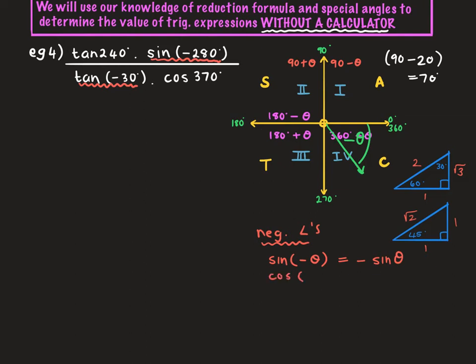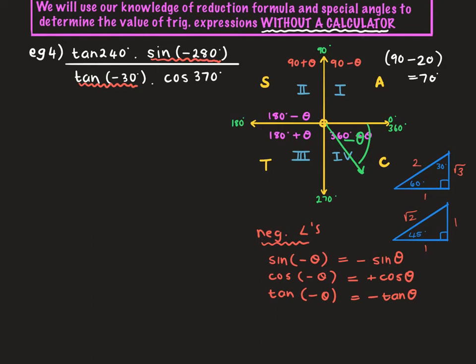For cos, remember that we've moved into its quadrant. So cos is the only one that pops out as a positive when we simplify the negative angle. But tan is the same as sine, right? We're working in quadrant 4. That's where tan is negative, sine is negative, but cos is positive.